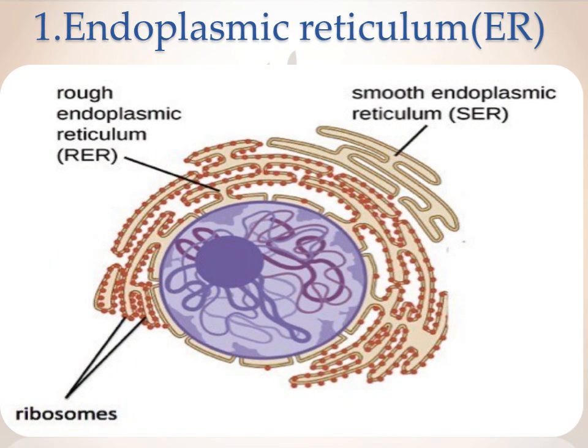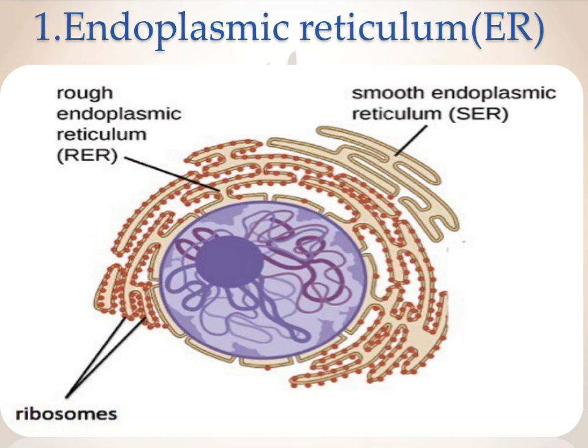Here is the picture. You see, in this picture it is clearly indicated that in the surrounding of the nucleus, which is bluish in color, the endoplasmic reticulum forms tube-like structures, actually tubules, and ribosomes attach over them and give them a rough appearance.